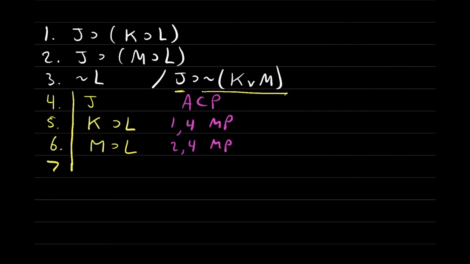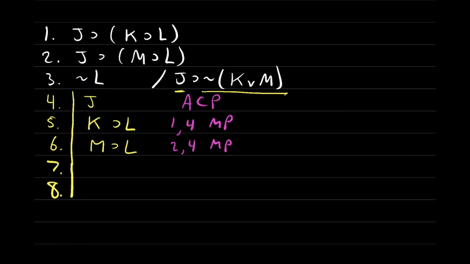Okay, the next thing I see, again, don't forget to continue your vertical line here, is that we have a couple of conditionals on line 5 and 6, K implies L and M implies L. And we know that the consequent of those conditionals, L, is false because of line 3. So I'm going to do a couple of modus tollens steps.